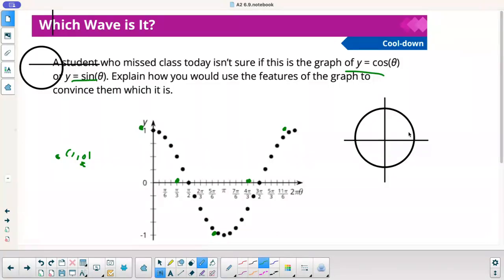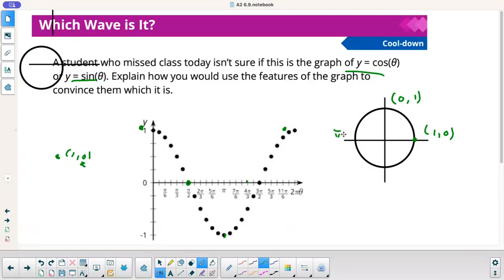So I would just say here at 0 degrees, the cosine is 1. Okay, so it's looking like the cosine because it starts up there. At pi over 2, cosine is 0, which is right there.